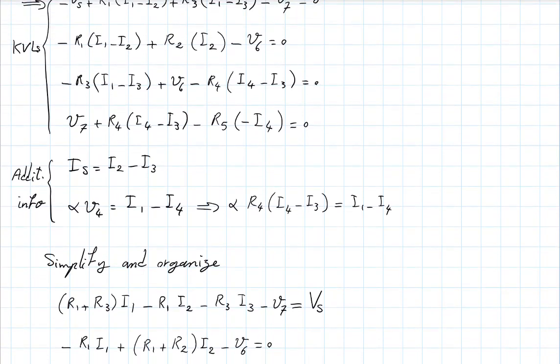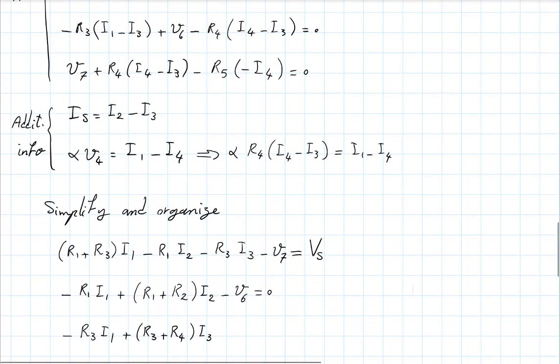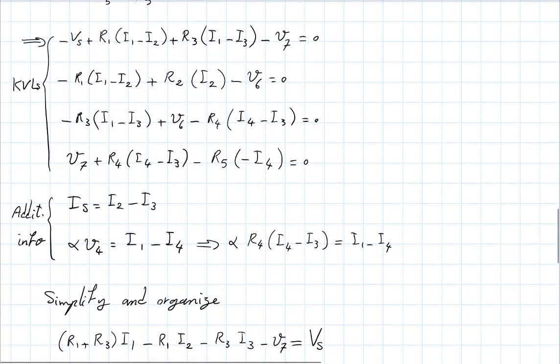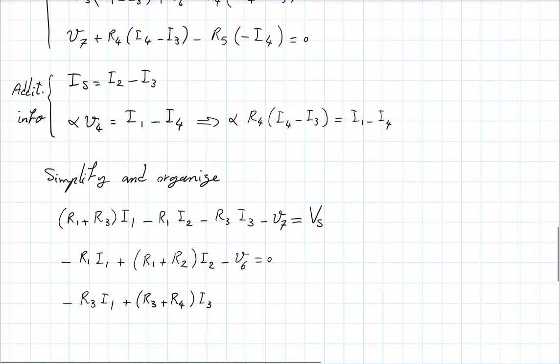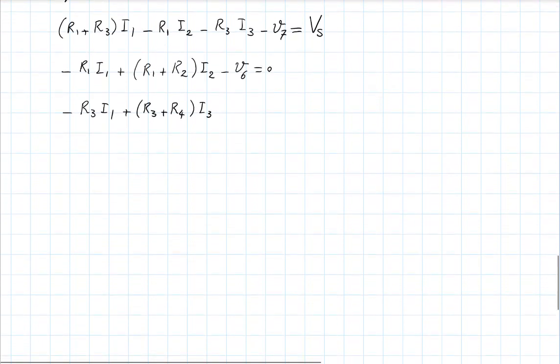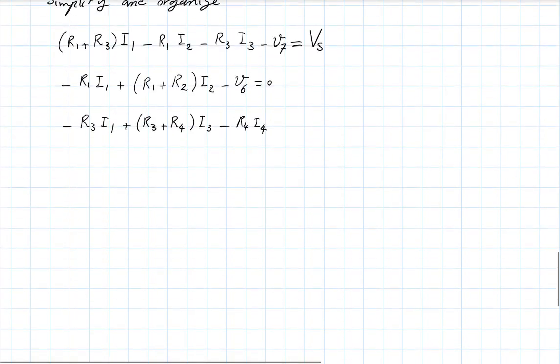I don't have I2, so that's 0 times I2. And then I have plus R3 plus R4 times I3, and then I have minus R4 I4, and finally plus V6 equals 0.